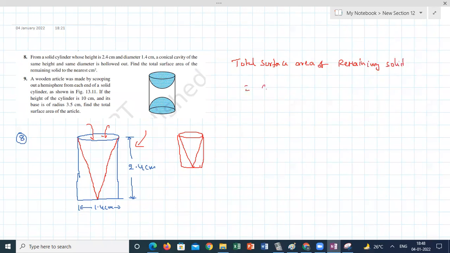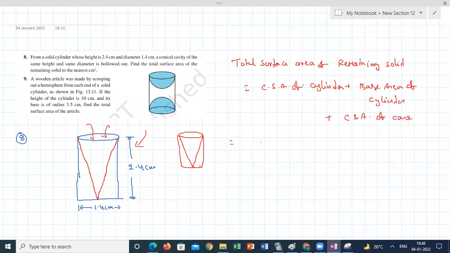is equal to CSA of cylinder plus base area of cylinder, because the base is there, plus CSA of cone.